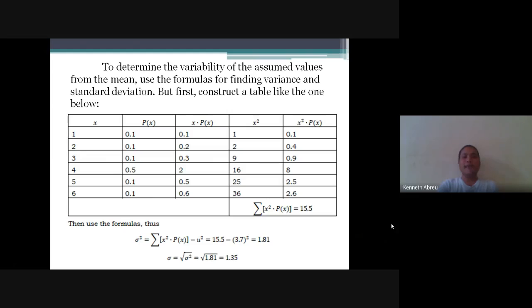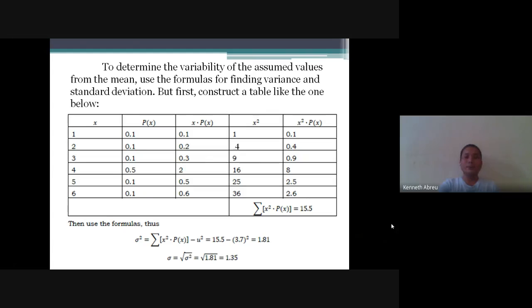Column number 4 is x squared, so opposite 1, we square 1, that would be 1. For 2, we square 2, it should be 4. Okay, so that's all correct now, right? So we have 3, 9, 4 squared, 16, 5 squared, 25, and 6 squared, that would be equivalent to 36.